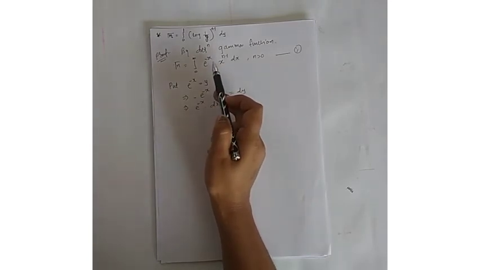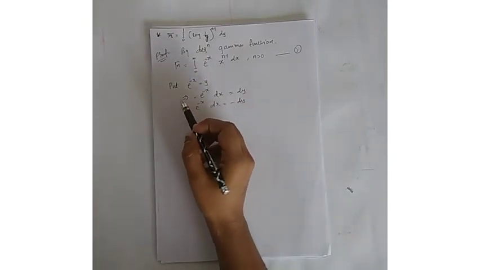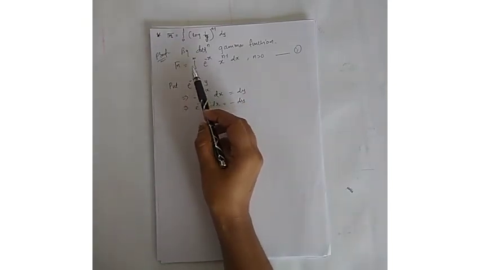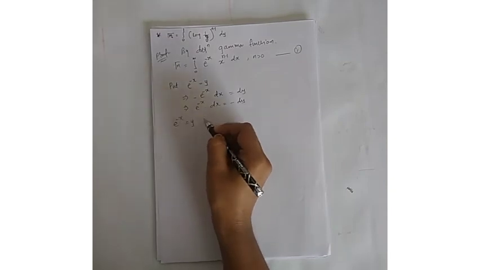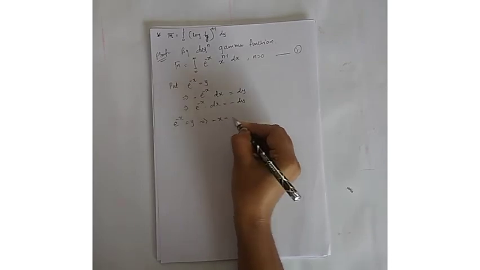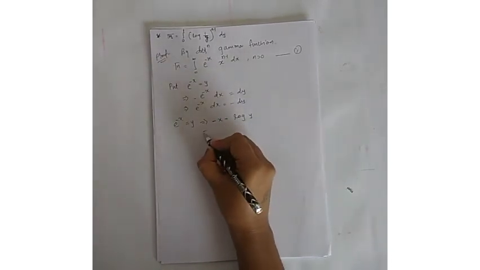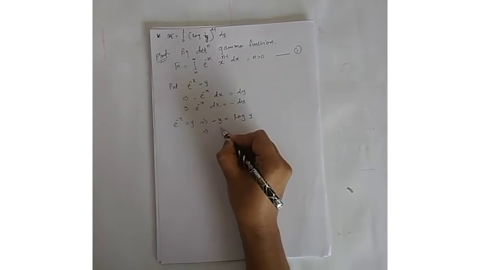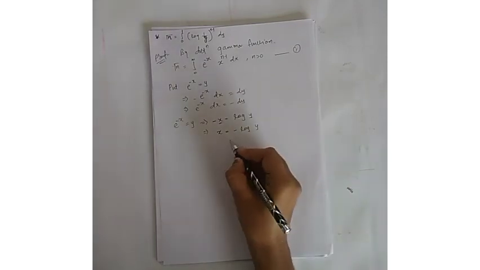Next, x raised to n minus 1. For that I have to find the value of x. So e raised to minus x is equal to y, which gives minus x is equal to log y, and the value of x is minus log y.